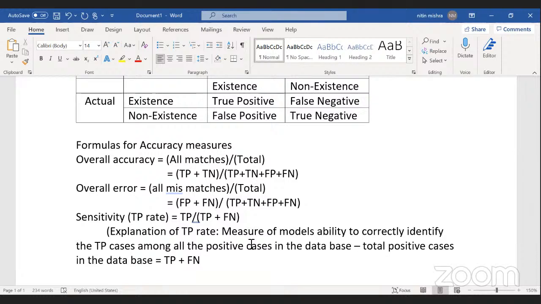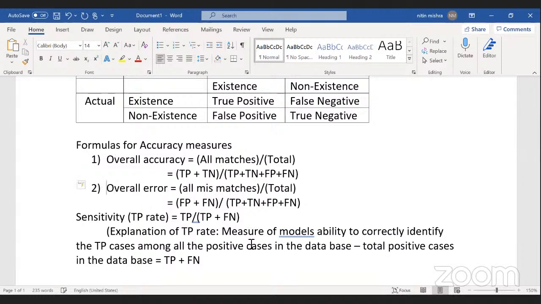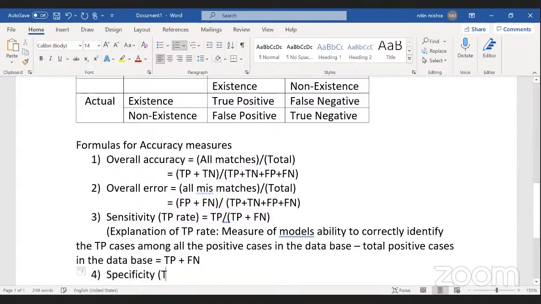What are the total positive cases in the database? TP plus FN. Okay. So that is the total number of positive cases, TP plus FN. Let me just give it some number. Then we have the specificity, or TN rate. All right. Specificity or TN rate.